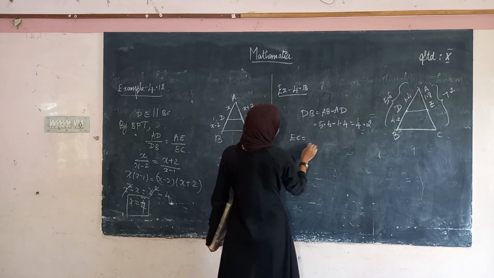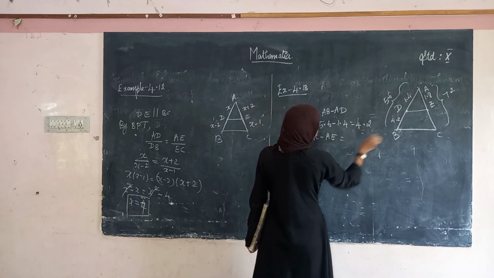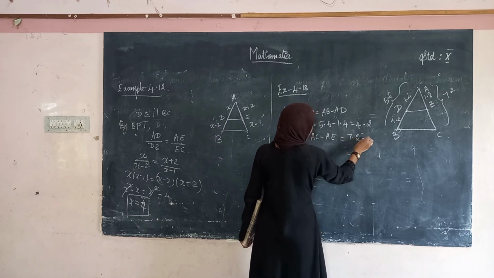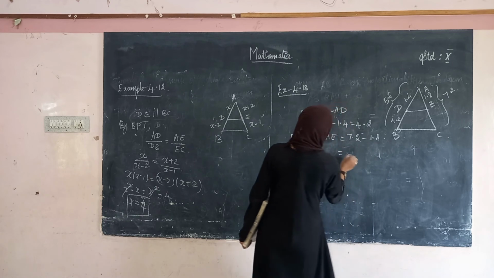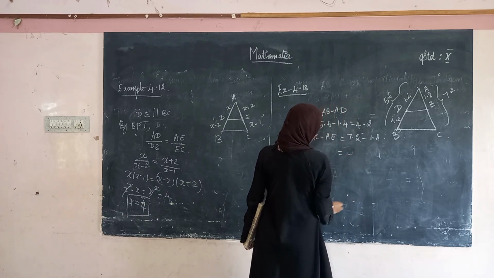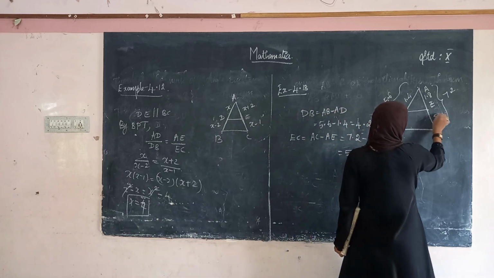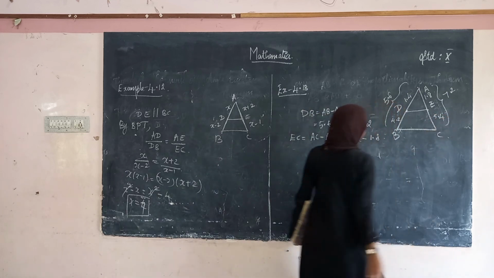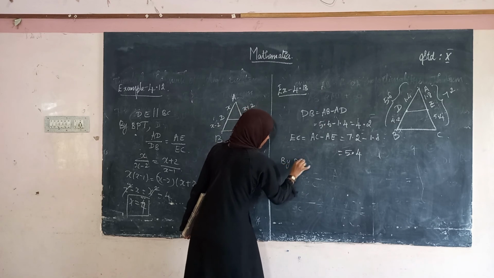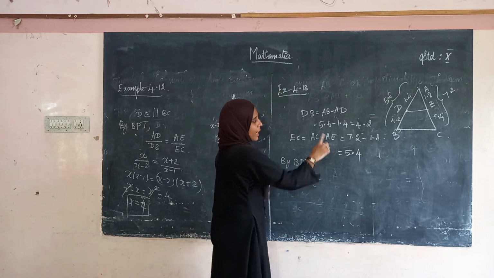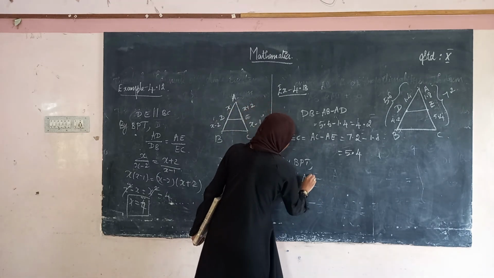This is 4.2 and we have to find EC. EC is equal to AC minus AE. AC is 7.2 minus AE, 1.8, which is equal to 5.4. Then by basic proportionality theorem, to prove DE is parallel to BC, you have to find the ratios.